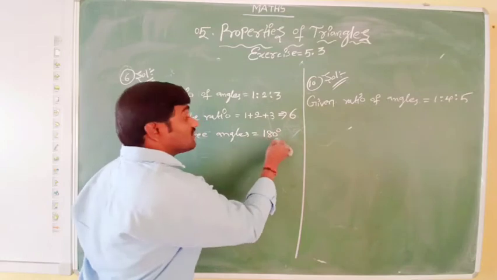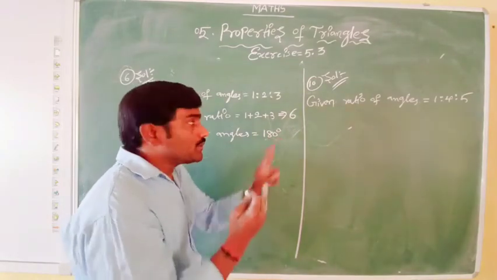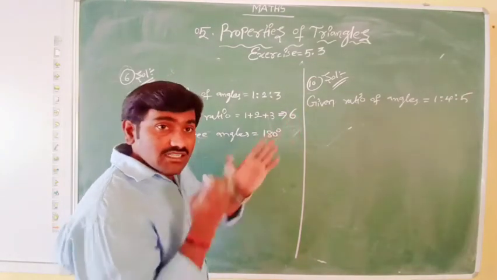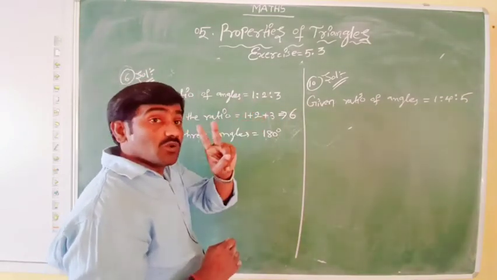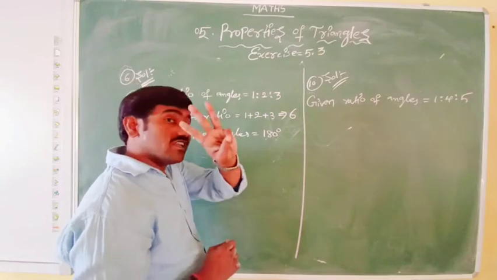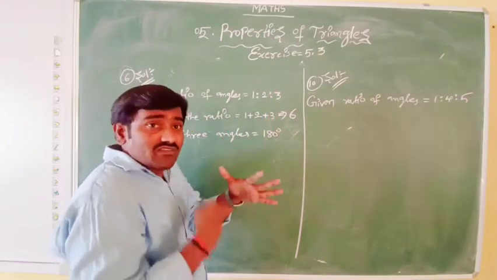That means 180 degrees is divided into 6 equal parts. One part is given to the first angle, 2 parts to the second angle, and 3 parts to the third angle.